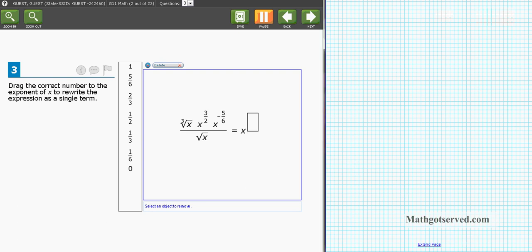This is assessing our ability to use the properties of exponents. So for number 3, we have the third root of x times x to the 3/2 times x to the -5/6 over the square root of x.